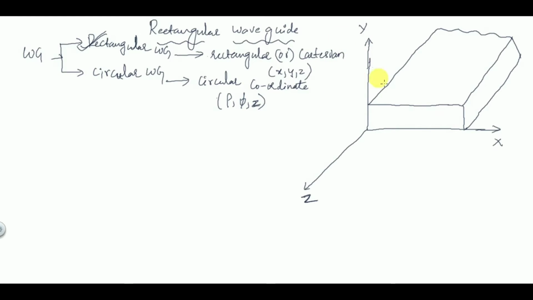So this is the basic diagram of a rectangular waveguide. This is A, and this is B. It will have only one conductor, so this is totally made of conductor.